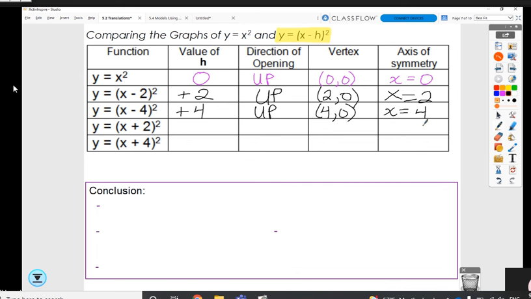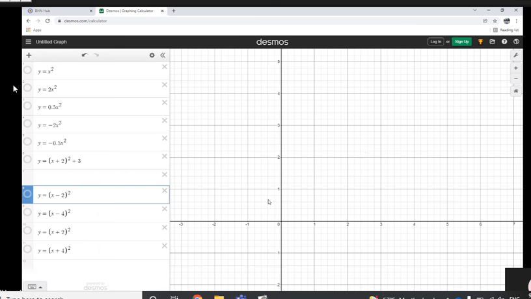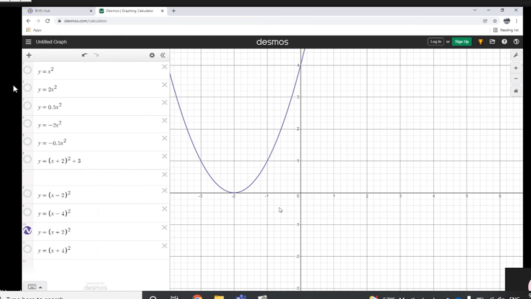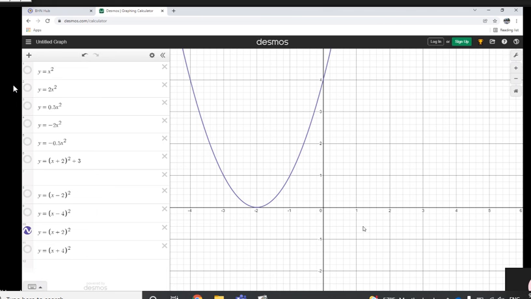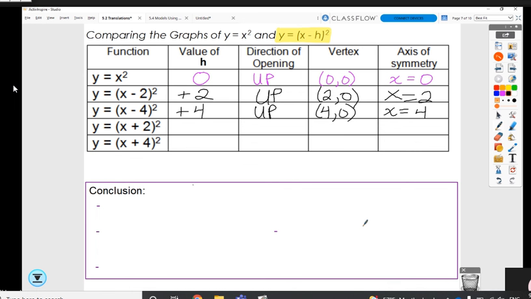Now, what's going to happen when we do x plus 2 squared? Well, have a look. It went to the left 2. What's our h value here then, if that's the case? How do you know that it's negative 2?